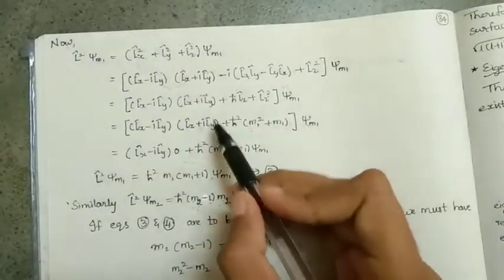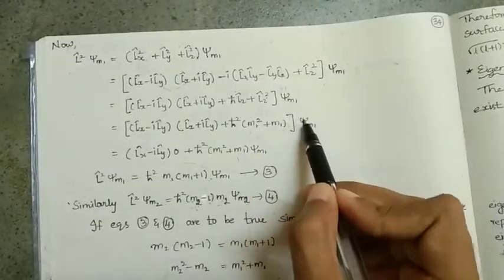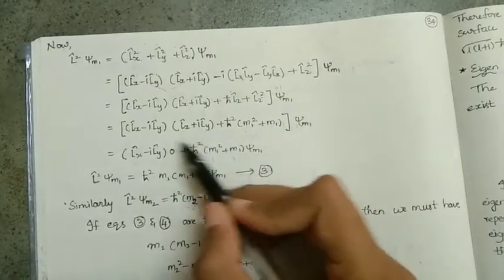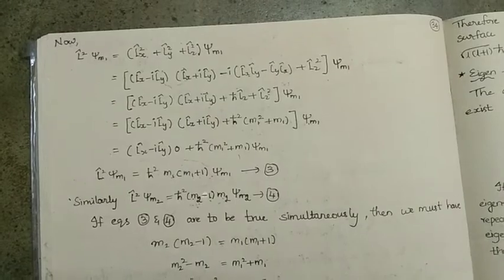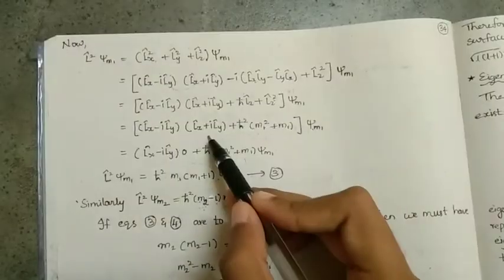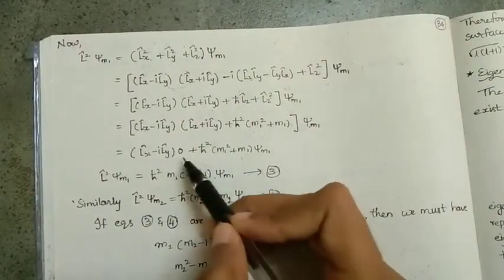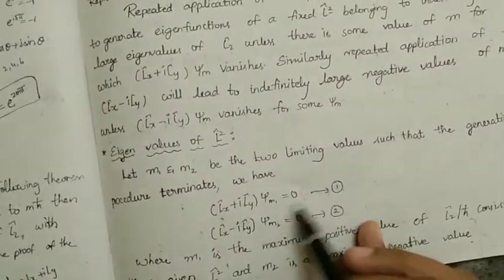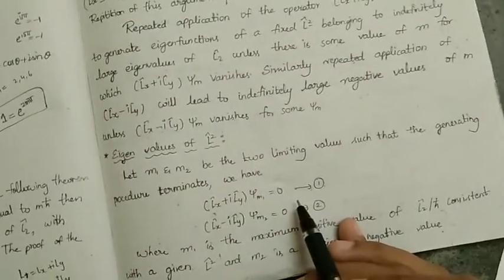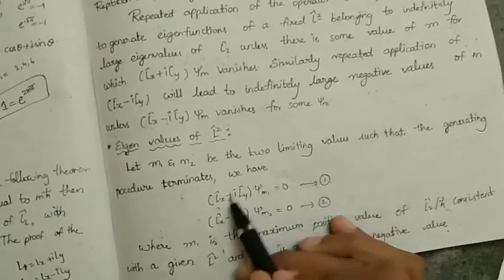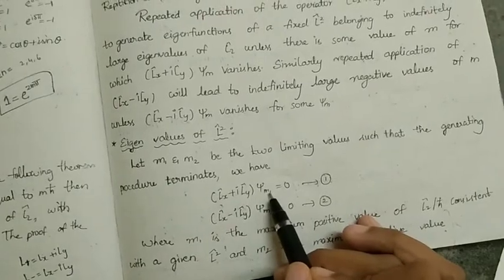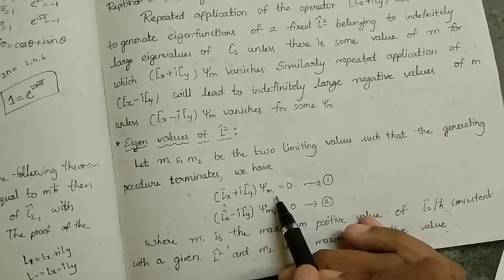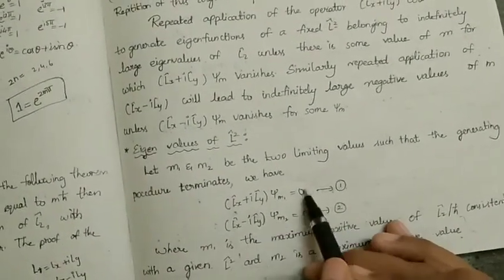And next thing is, if this operates on this operator, the raising operator, that is the L plus operator. If the L plus operator operates on this wave function, we would have 0. Based on this terminating procedure, as the generating procedure terminates here, as we have already discussed, for this maximum positive m value, that is m1, it terminates.